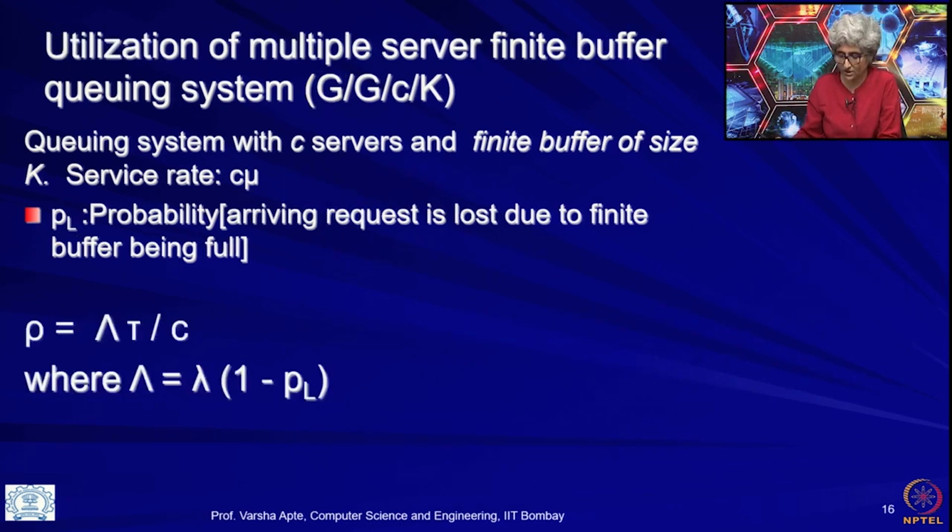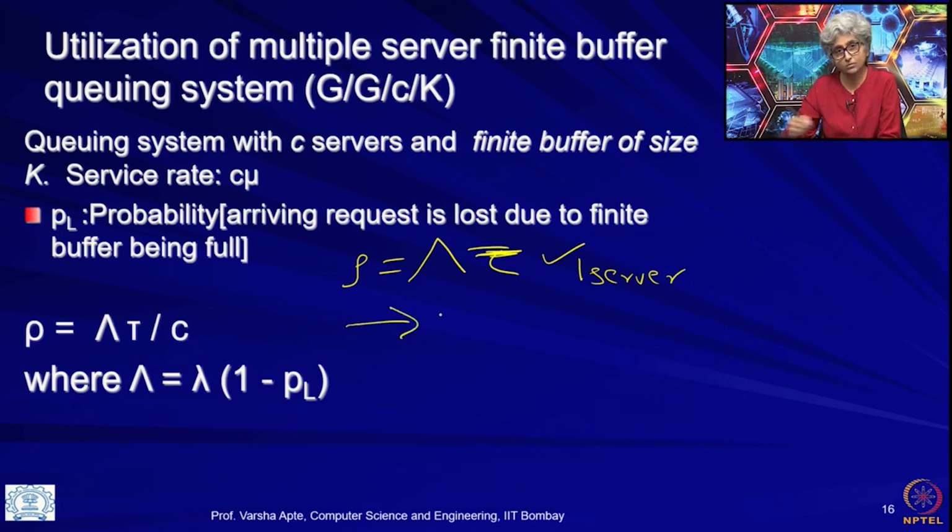Now, what is the utilization? Utilization is very similar. We are just following the utilization law. If it was one server, rho equal to lambda tau would apply. Remember utilization law, when we derived it we did not assume finite buffer. So, this is okay for one server, but if there are multiple servers, the work gets divided.